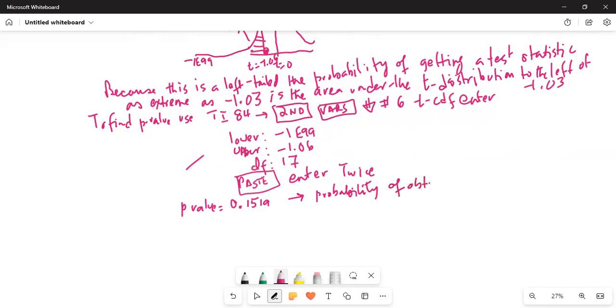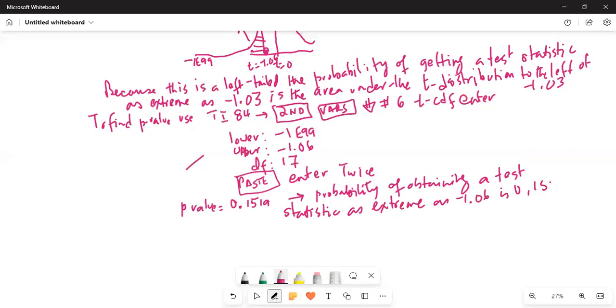a test statistic as extreme as -1.06 is 0.1519. Now, this means this probability is quite high.